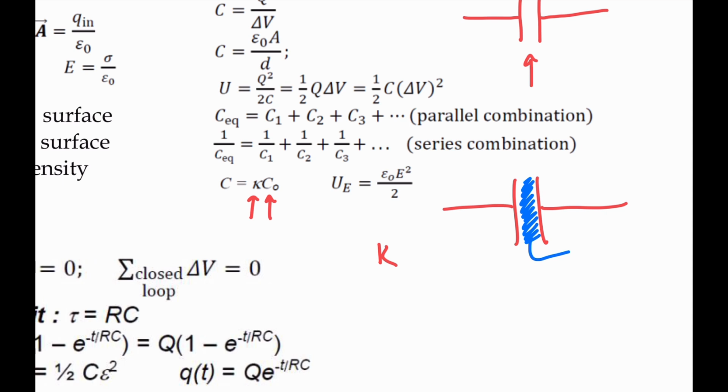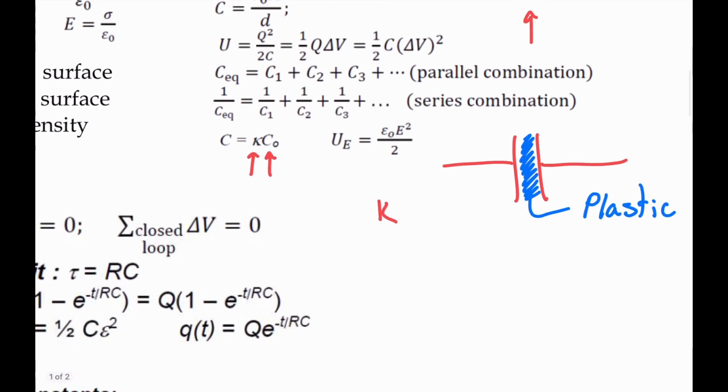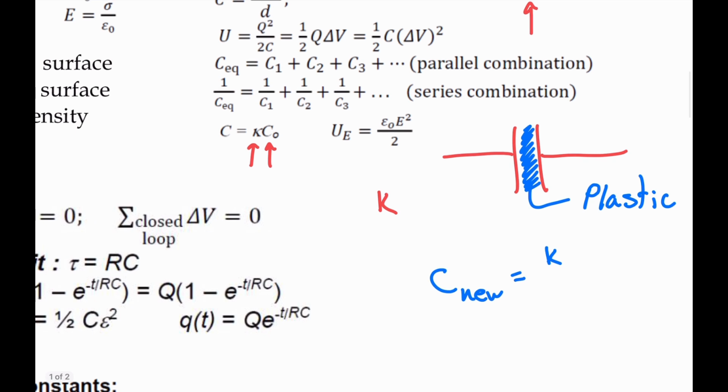Let's say you fill this with like some plastic material and not air. You're going to get a slightly different capacitance, which is going to look like C new is equal to kappa Q over delta V, right? I'm just using this equation. I'm taking the old C, multiplying by kappa, and I get the new C. And kappa is normally a constant that's given to you.